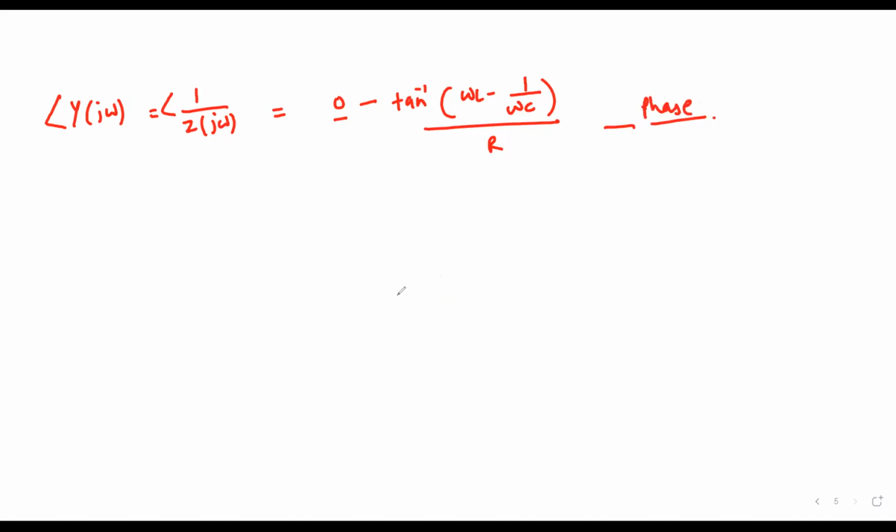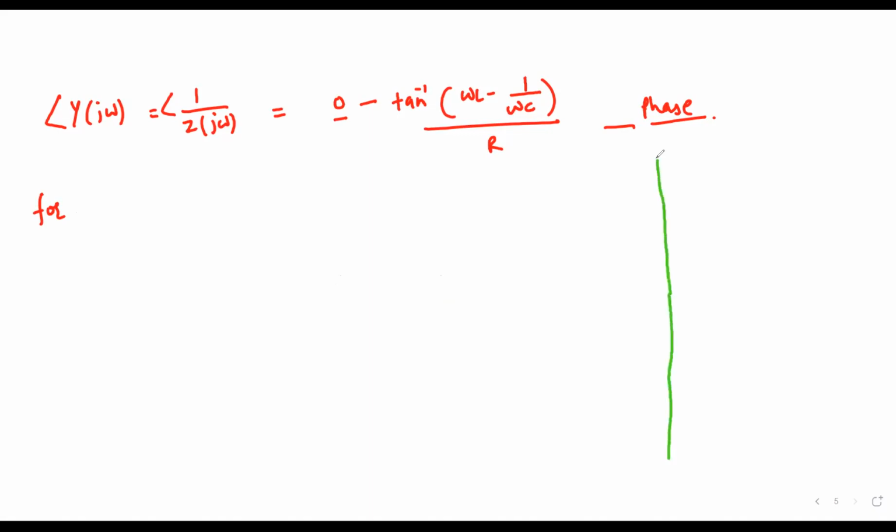So we got these two expressions for the admittance. And now let's try to plot the response of the admittance with respect to frequency. We plot both the terms, magnitude as well as the phase, with respect to frequencies. So let's have that plot ready and see how it looks.